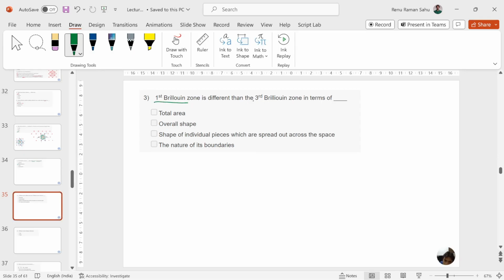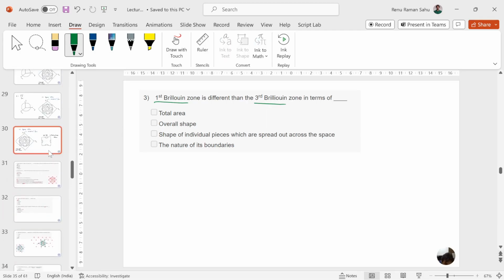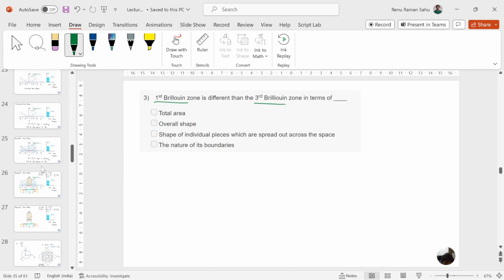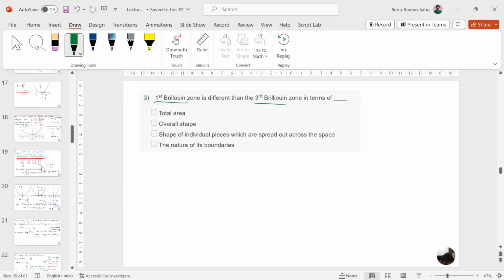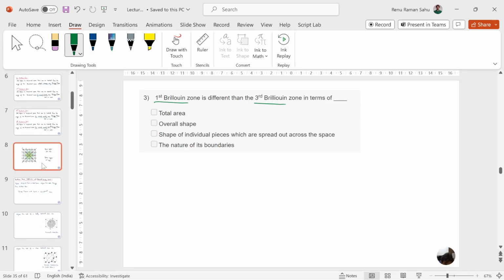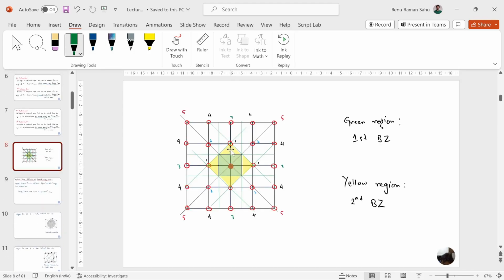The difference between the first Brillouin zone and the third Brillouin zone, in terms of total area and overall shape. One thing I may not have told you: if you look at these, for example, the second Brillouin zone is this yellow region.